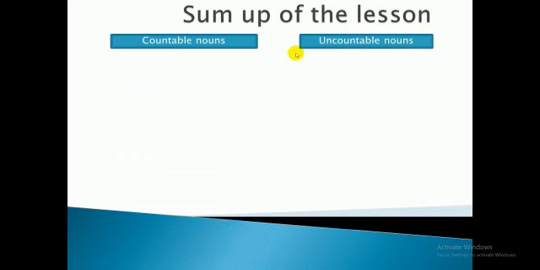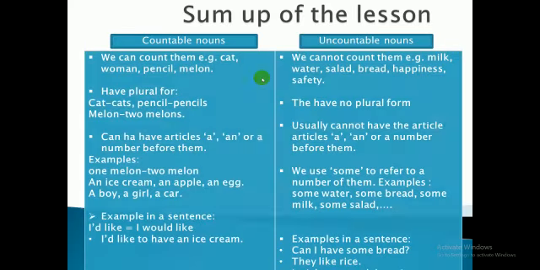Just to sum up the whole lesson, here are the differences between countable and uncountable nouns in the following box. Countable nouns: we can count them, for example, cat, woman, pencil, melon.